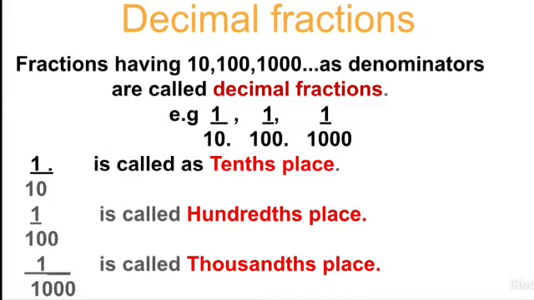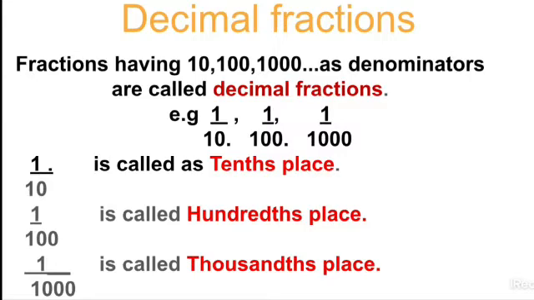Now moving forward, we are going to see the concept of decimal fractions. Fractions having 10, 100, 1000, 10,000 as denominators are called decimal fractions. Example: 1 upon 10, 1 upon 100, 1 upon 1000.